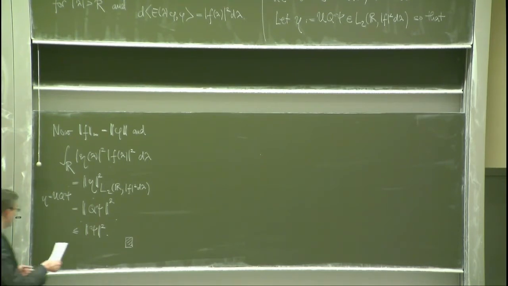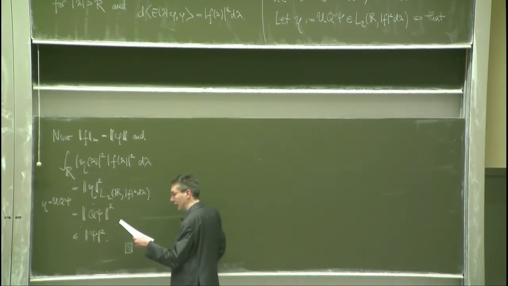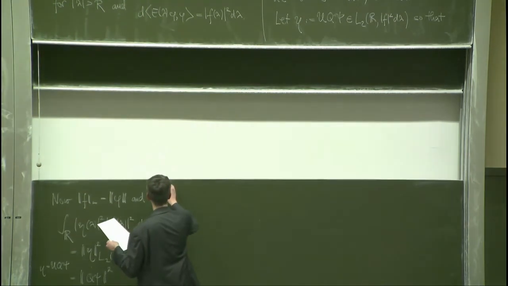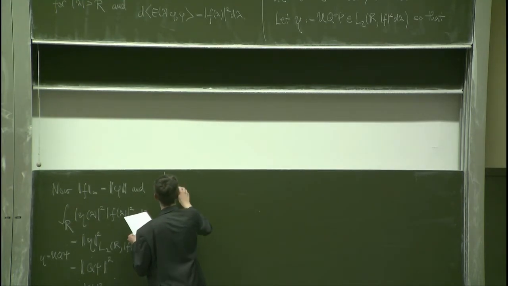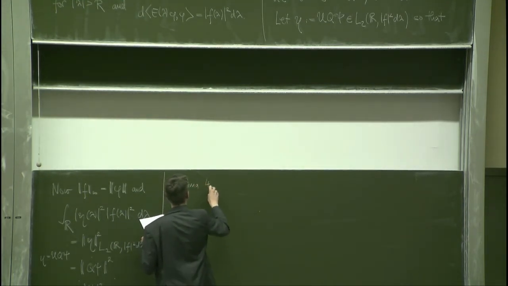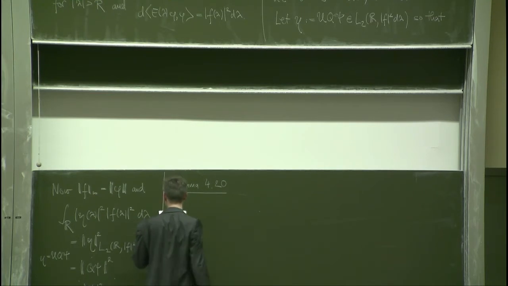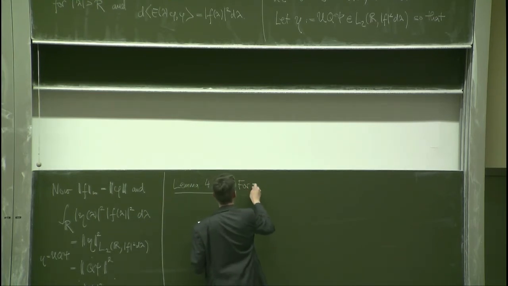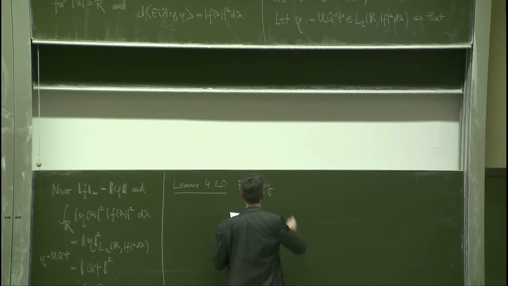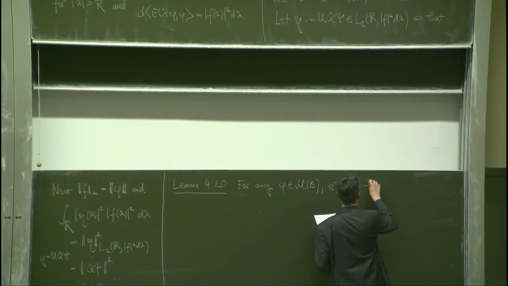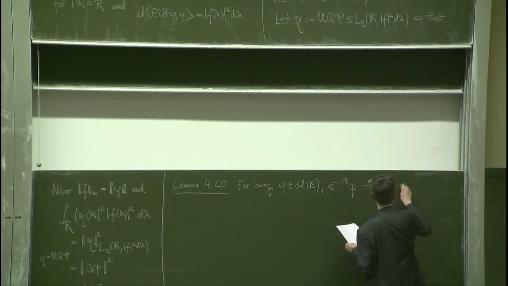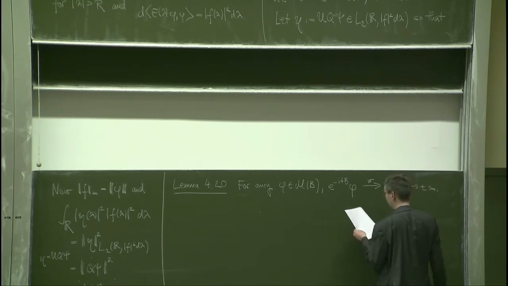Okay, finally, one final lemma for today. This is now lemma 4.20. Lemma 4.20: for any phi in M of B, we claim that exponential minus i t B phi converges weakly towards 0 when t goes to plus or minus infinity.